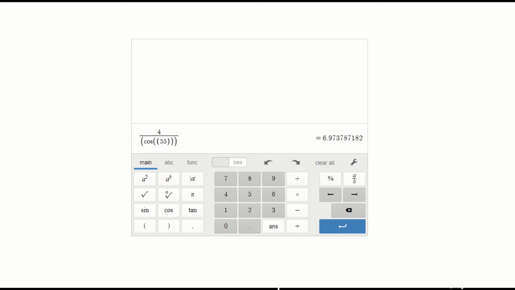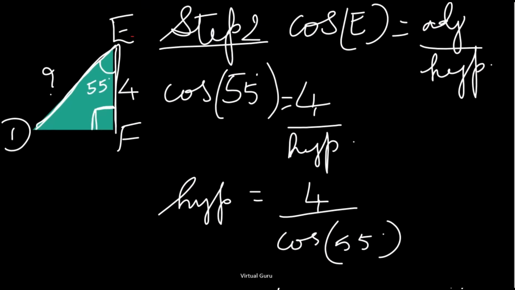As you can see, 4 divided by cos of 55 will give you 6.97. That would be our answer. And coming back, we have found it. That answer is 6.97. This is the length of the hypotenuse.